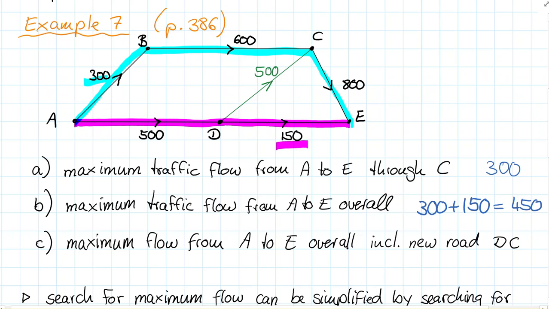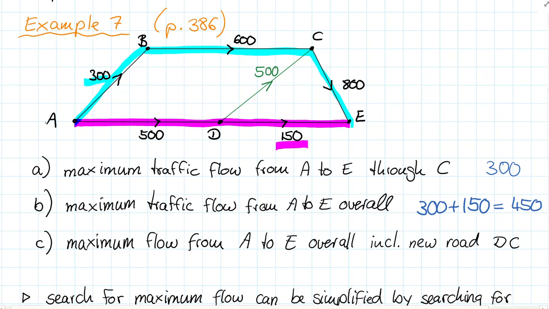Now we can have a look at the green arc here. We have a maximum flow and we want to go from A to E overall, including this new road from D to C. As we had 300 before, 300 is the flow from A to E, and the capacity from C to E is 800.